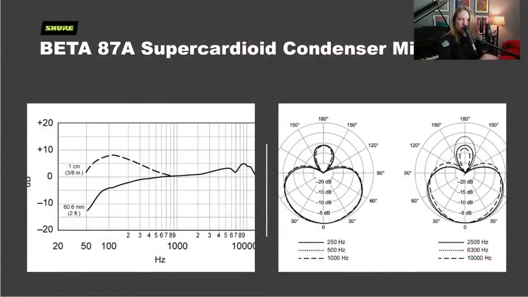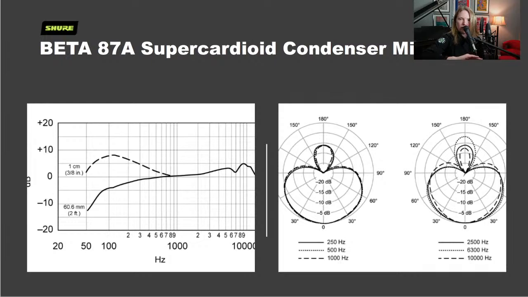Okay, saw some other things come in here. Let's see. What's the difference between the Beta 87 and Laura's favorite KSM9? That's an excellent question. Beta 87 has that supercardioid pickup pattern. And if I show you its frequency response, hopefully you can see that now, you'll see the difference here, especially if I shift it.